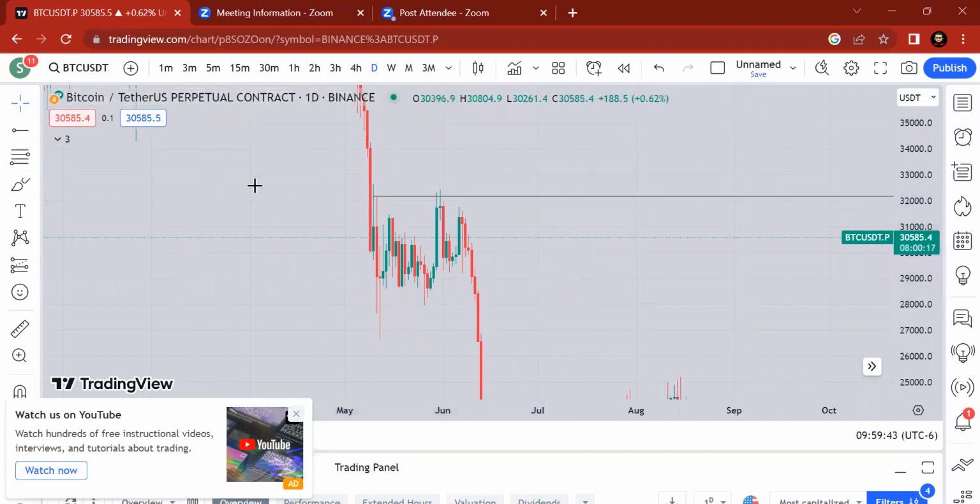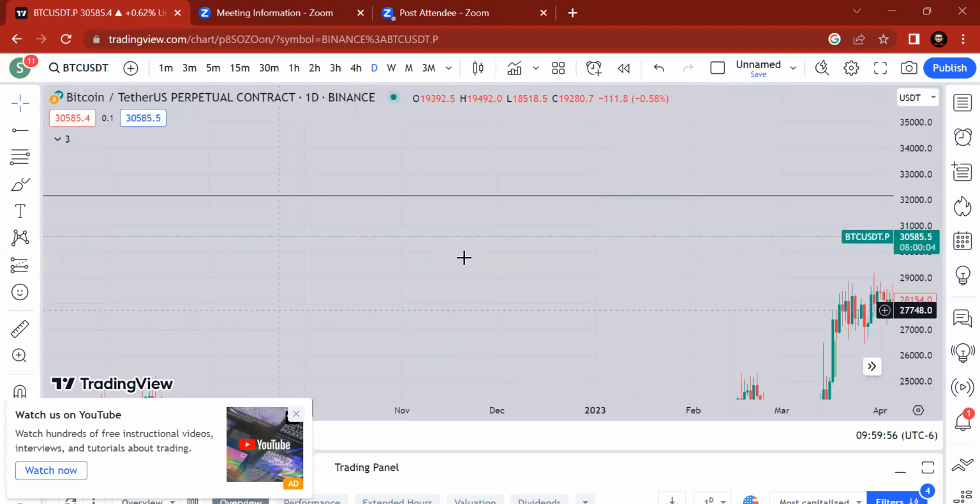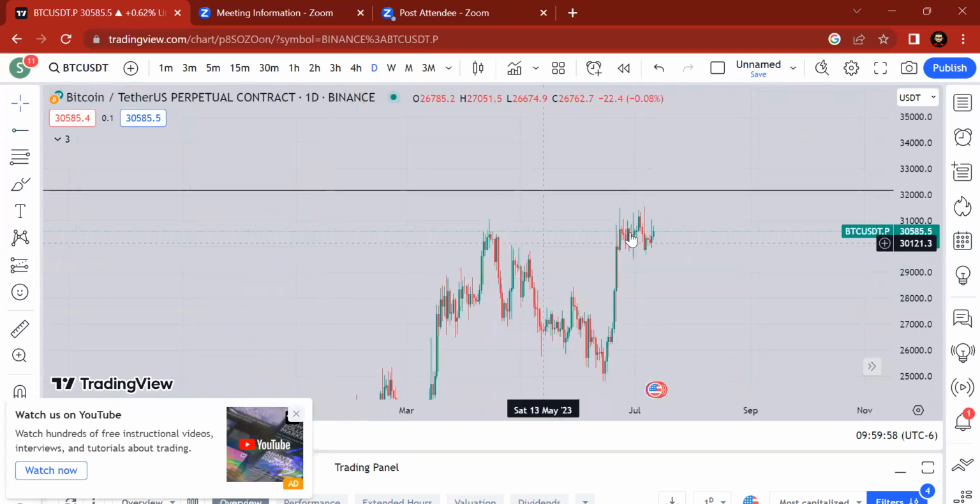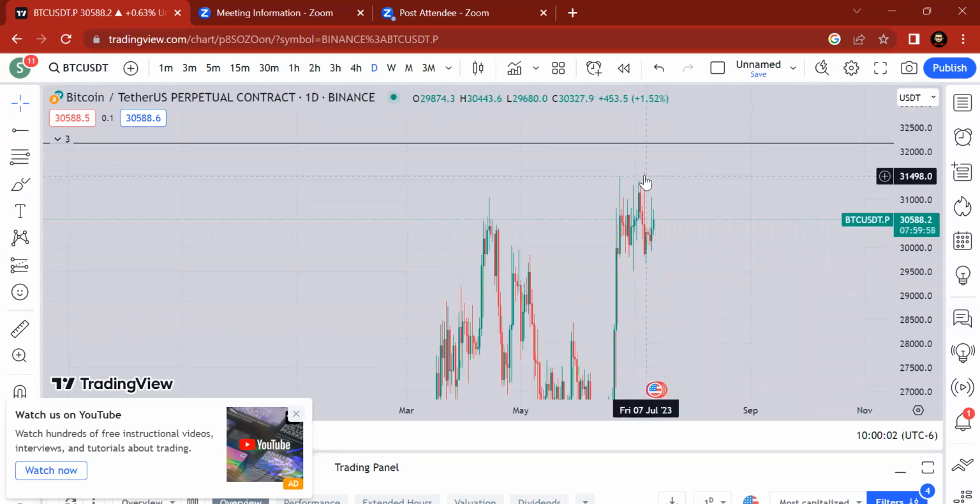This is an important level because in history, in May 2022, that was a range, that was its range high. So I marked that level in case of expansion, because there is not that much difference already.